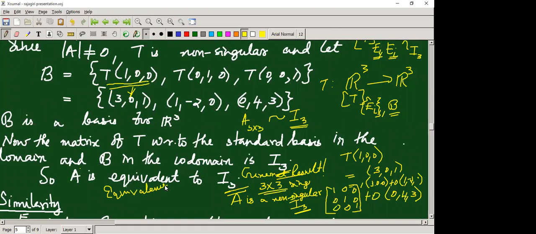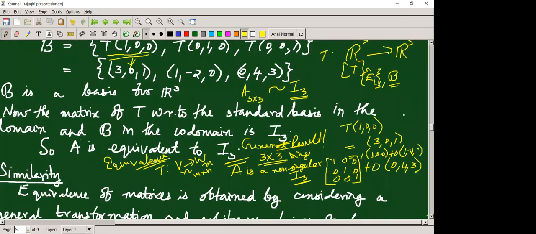When we say that two matrices are equivalent, you take a linear transformation from V to W of dimension n and dimension m, then an m by n matrix A is equivalent to another matrix B if they represent the same linear transformation T with respect to different bases.